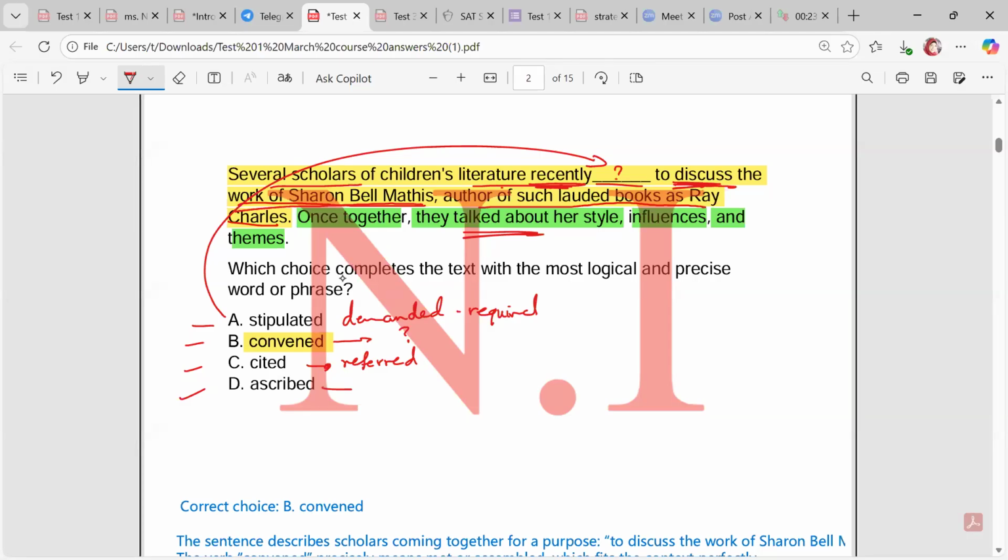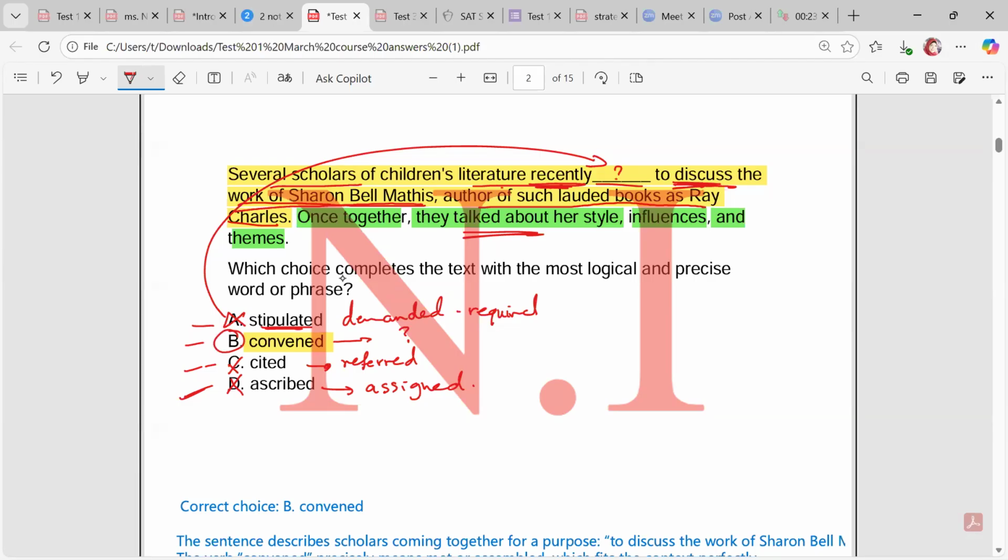It means assigned, assigned to discuss. These cannot be referred to, since this will not make any sense. And stipulated means demanded or required, but there are no demands here.